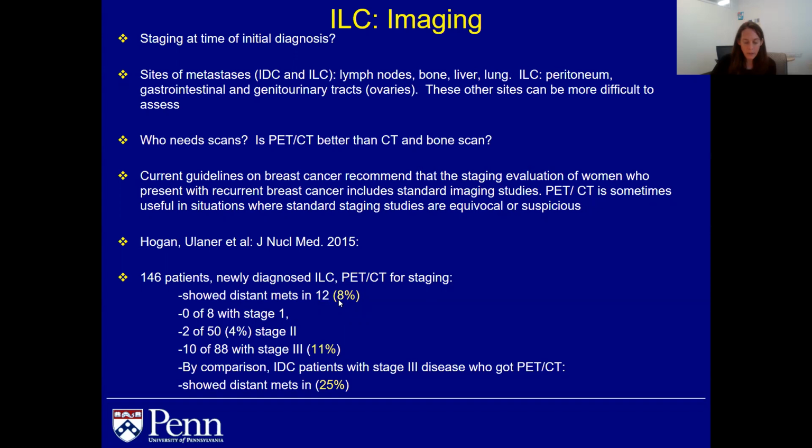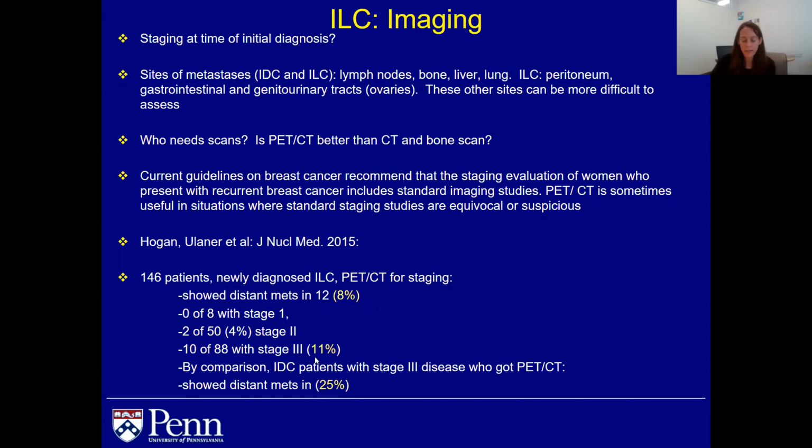And when you looked at who they were, there were 0 patients with stage 1 who had metastatic disease. There were about 4% of patients with stage 2 that had metastatic disease. And by comparison, when you got up to patients who had stage 3 breast cancer, like the patient I presented, there was an 11% rate of finding distant metastatic disease with the PET-CT scan.